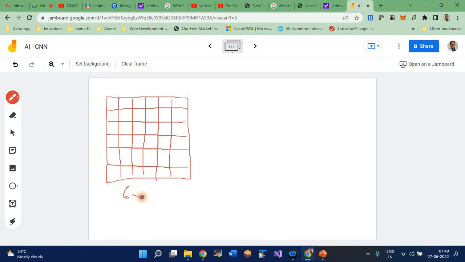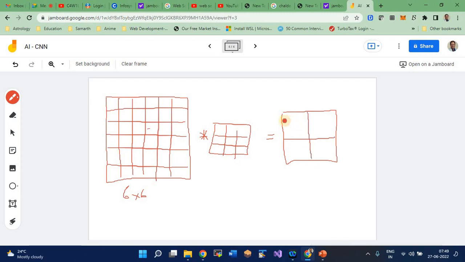So this is a 6x6 convoluted through a 3x3 filter, which gives you a 4x4.